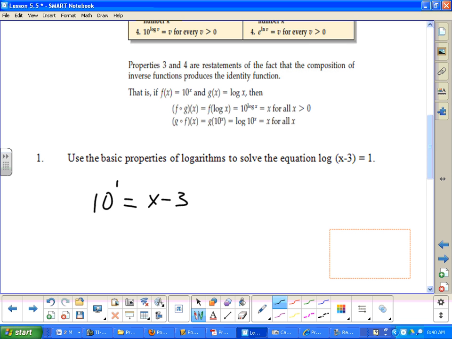Then this becomes a very easy equation to solve. Most of the time, you can solve logarithmic equations easier by changing them to exponential, and a lot of times exponential equations can be solved easier in logarithmic form. So in this case, we just add 3, and x equals 13.